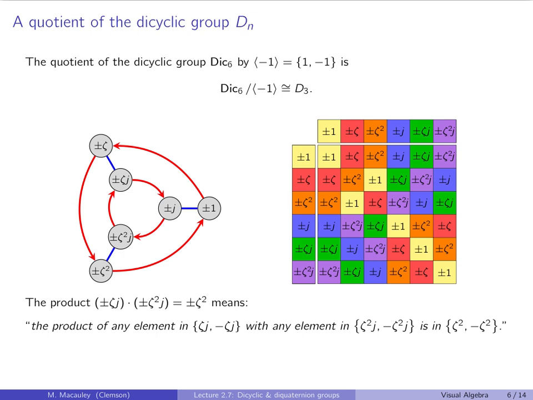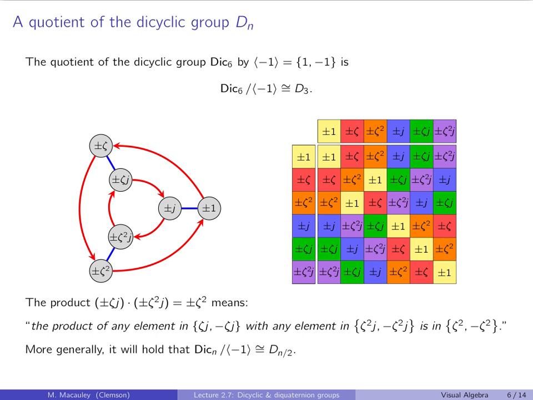The product of plus or minus zeta^j, that's this element, with plus or minus zeta^2 j, that's this element, being plus or minus zeta^2, just means that if I take any element in this set, plus or minus zeta^j, with any element in this set, plus or minus zeta^2 j, then I get one of the elements in this set, either plus or minus zeta^2.